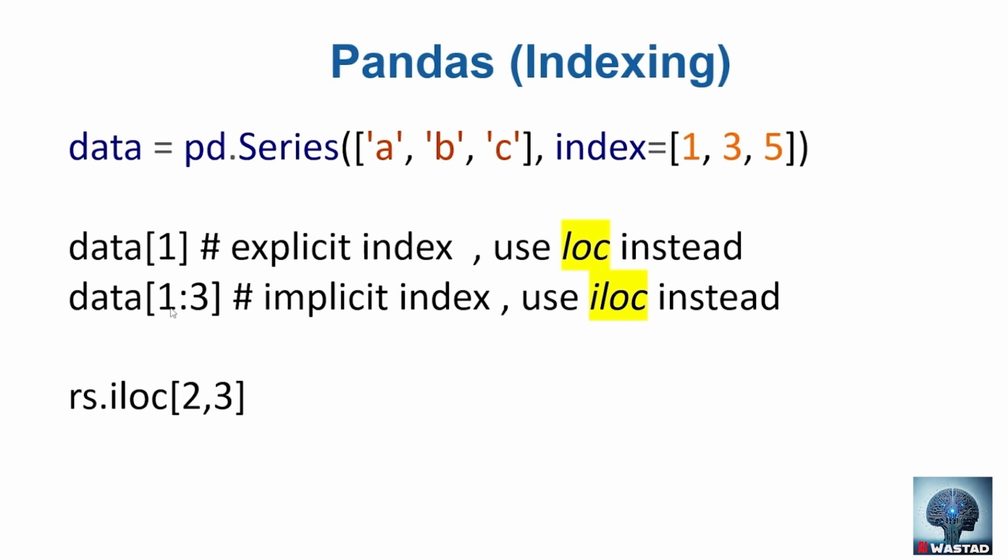Will it call the implicit index or the explicit index? That's a problem. So we will see, because 1:3, 1 and 3, they are also explicit indices. And whether this 1:3 is referring to the implicit indices that are default indices, or to these indices.